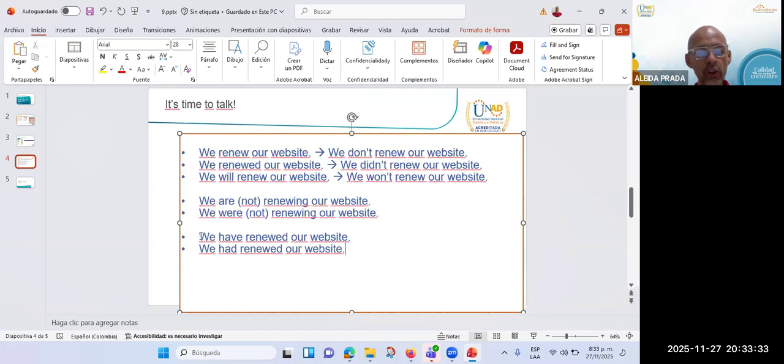Here we have another two tenses. Present perfect because have is in present, and past perfect because had is in past, no? What are we going to say here? Nosotros hemos renovado, nosotros habíamos renovado.